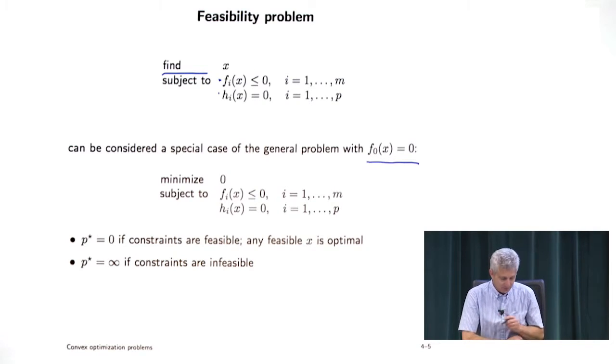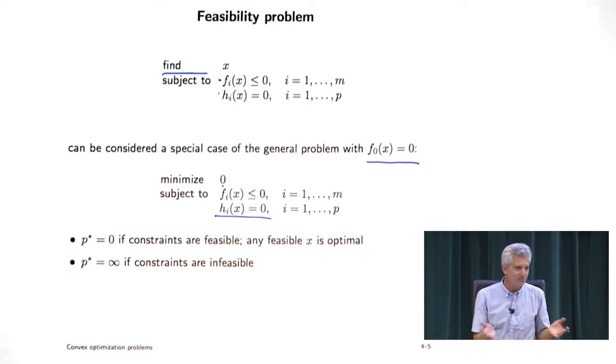Because here's what happens. If you have a point that satisfies the constraints, right, then the objective function is 0, right? And so if this problem is feasible, the set of feasible points will be non-empty, and that means there'll be a point whose objective value is 0. If you're feasible, the only objective value you can have is 0, so it's optimal.